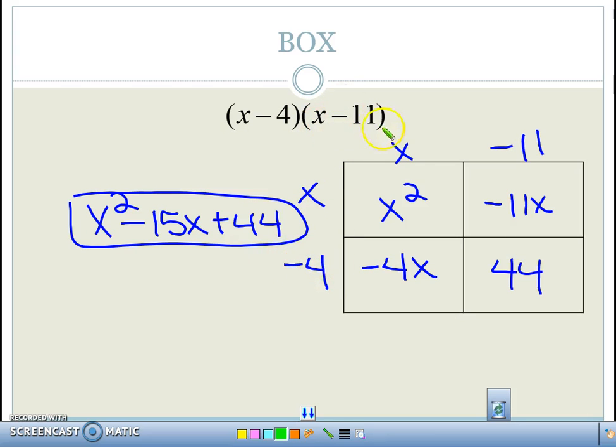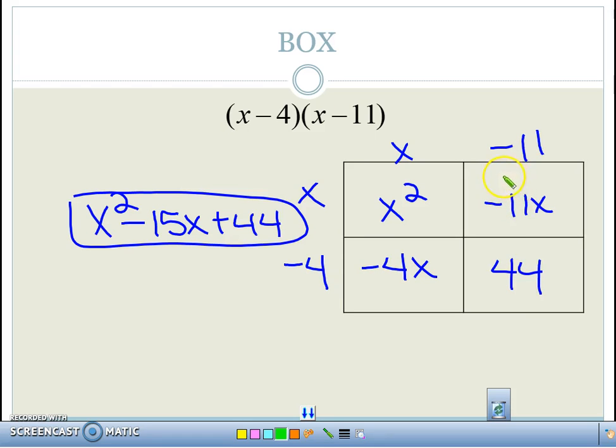And then the second binomial, you write it here, x minus 11. And then you make a box. So you're going to do x times x, x squared, x times negative 11, negative 11x. You take negative 4 times x, negative 4x. Negative 4 times negative 11 is positive 44. Please copy this on your paper.